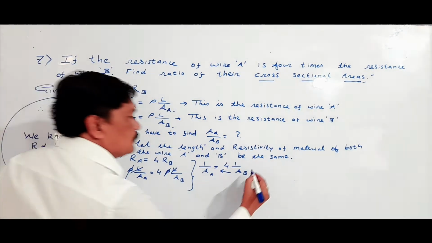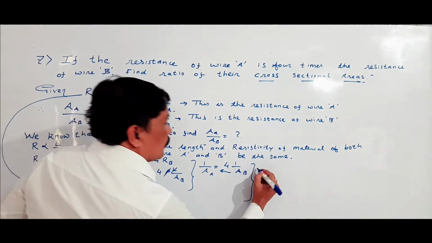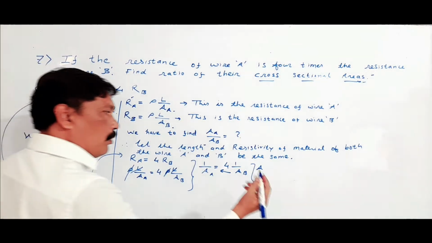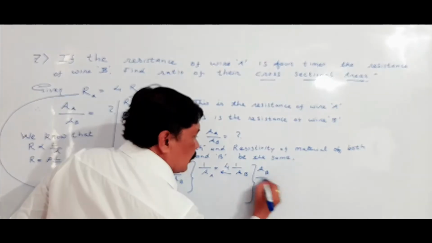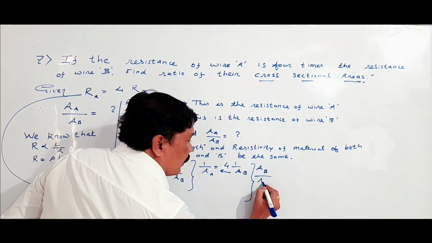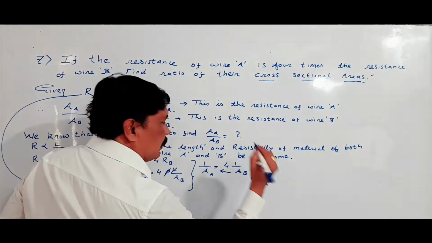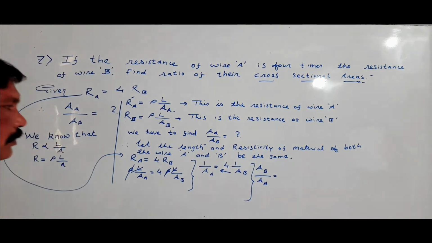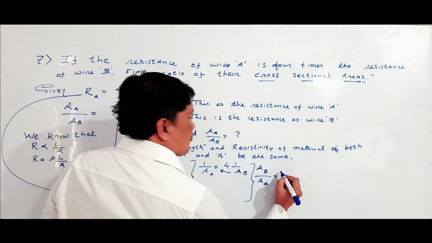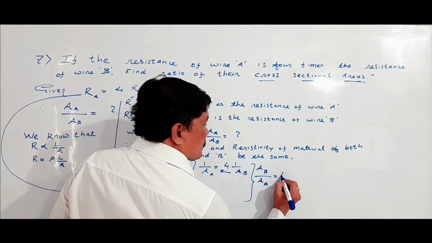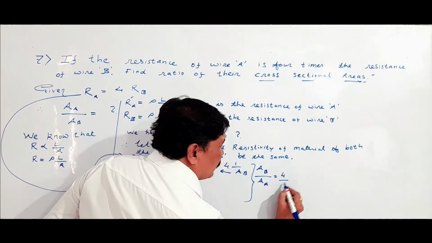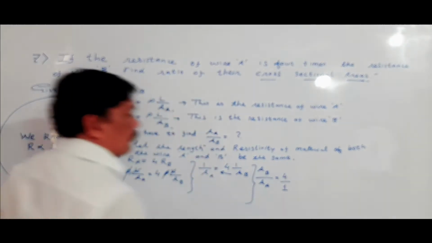We can write area of cross section of wire B upon area of cross section of wire A is equal to 4 upon 1.